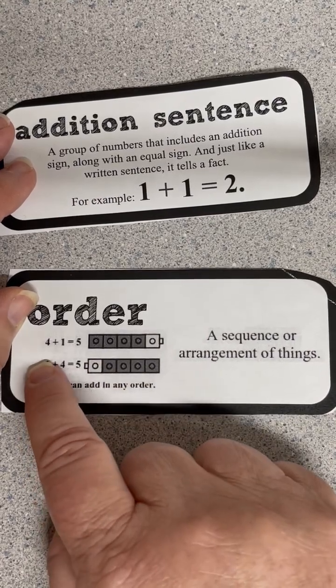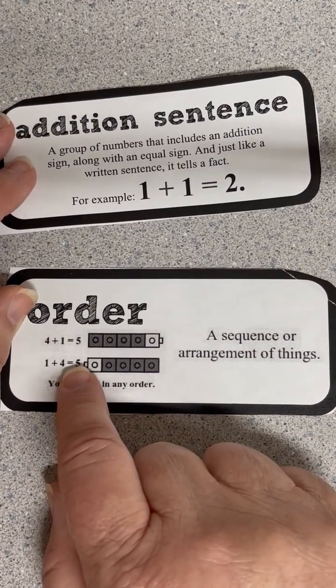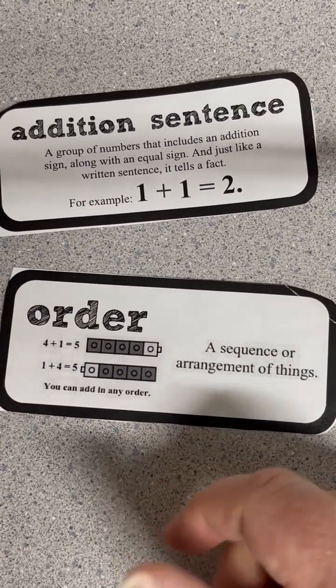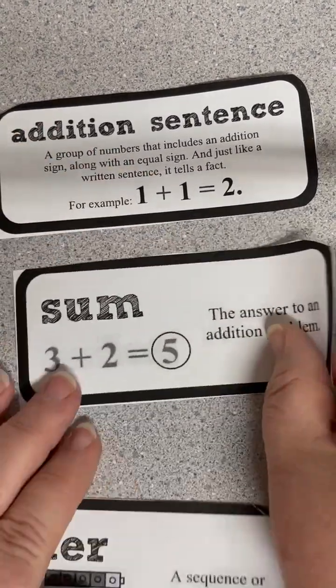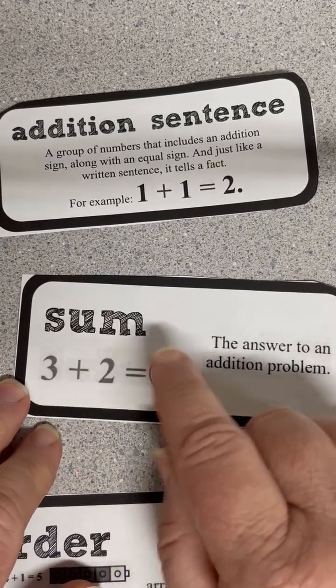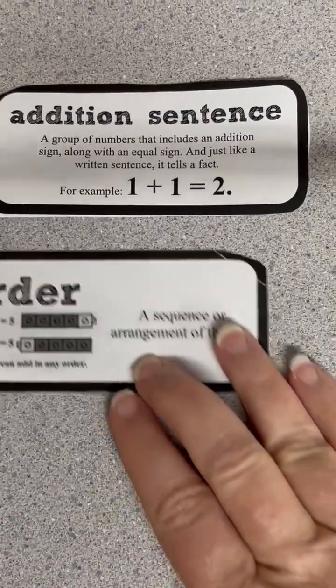So you can do 4 plus 1 or 1 plus 4. They're both going to equal 5. And over here, you have 3 plus 2. You could have 2 plus 3. They're still going to equal 5. And that's one of the things with order.